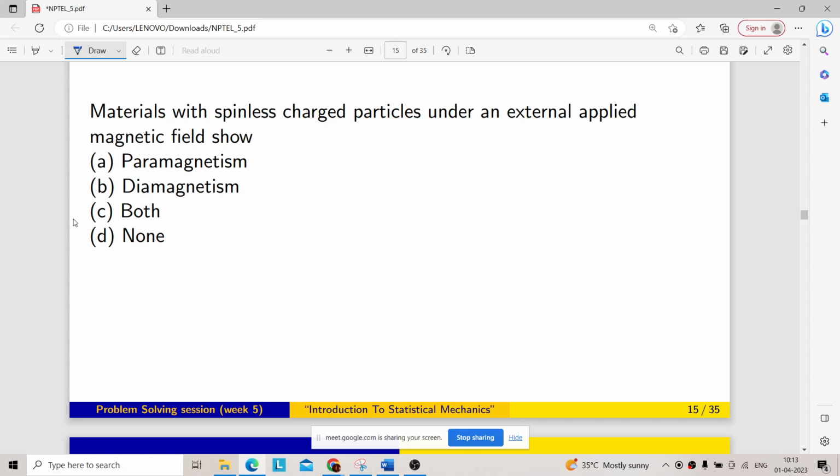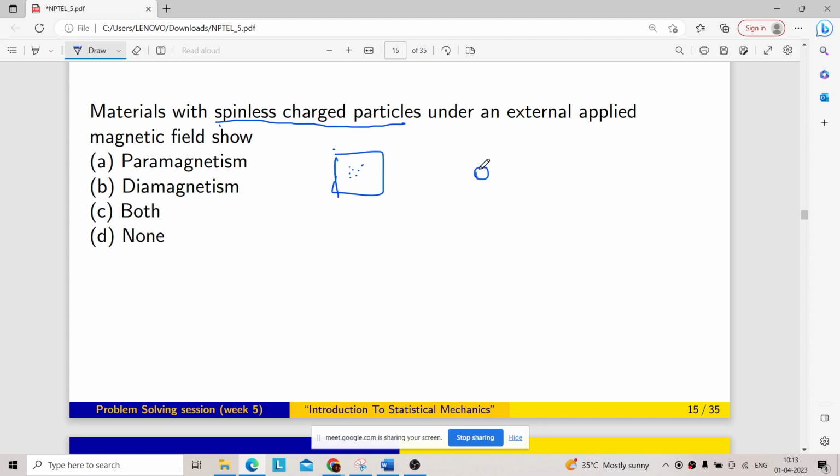So we have a material which does not have free electrons. Spinless means there are no free electrons inside this material, right?